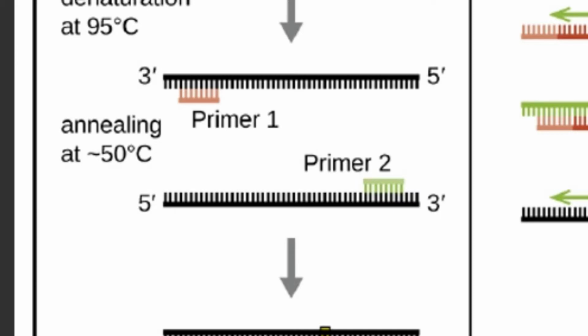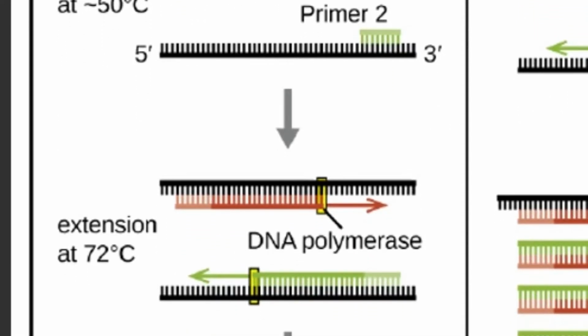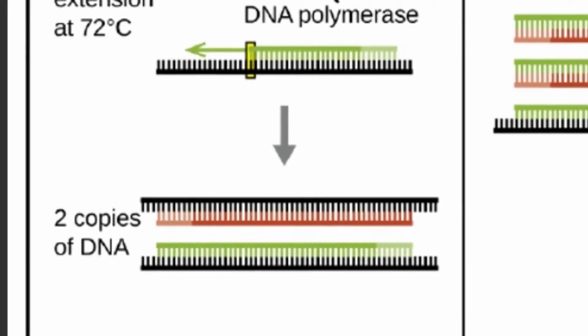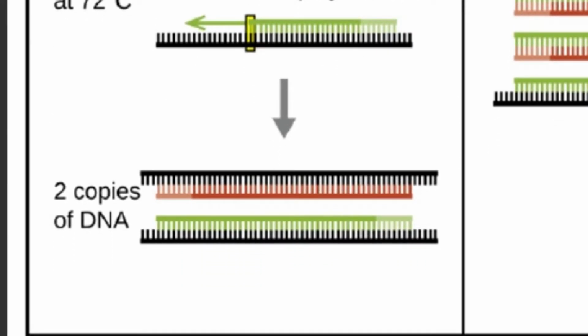And then the temperature will increase to 72 degrees, which will test the fidelity of the primer template binding and activate DNA polymerase to copy the pieces of DNA only where those primers are bound. And so at the end of that cycle, you have exponential growth of the DNA molecule. You had 1, and now you have 2.